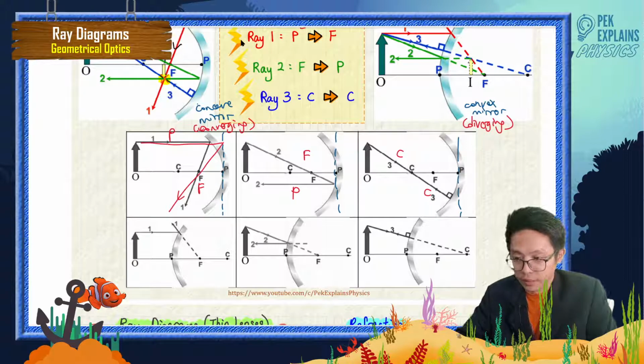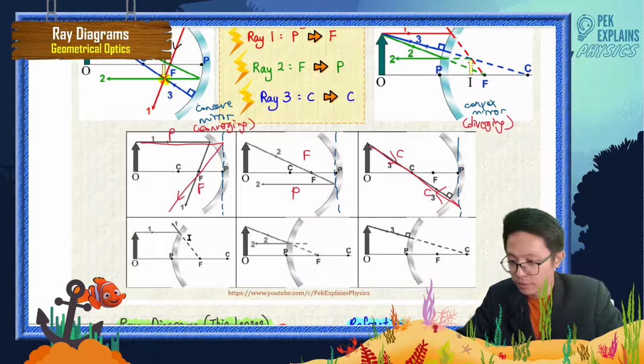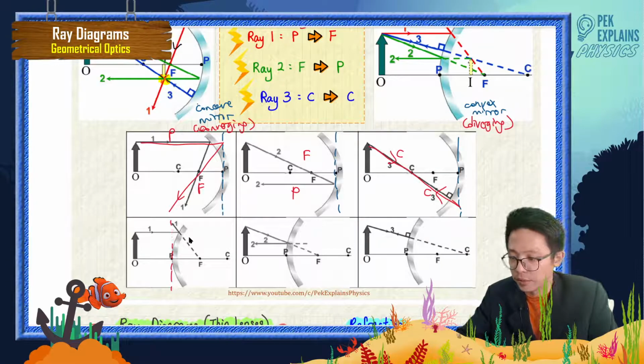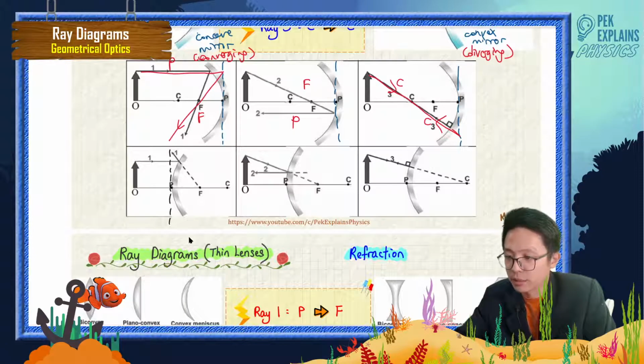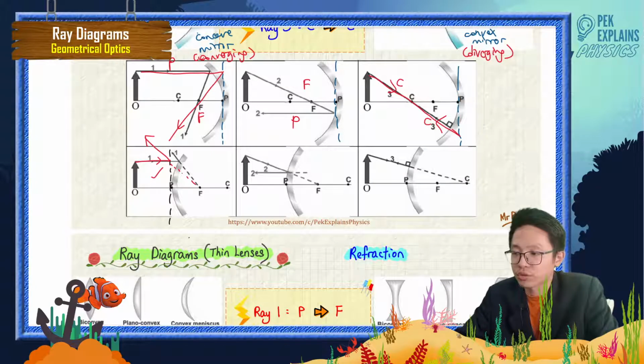This one also goes towards the straight line here and reflects away. Just touching the straight line, and then you can reflect away from the focal point. Understand? Use the straight line as the guide.